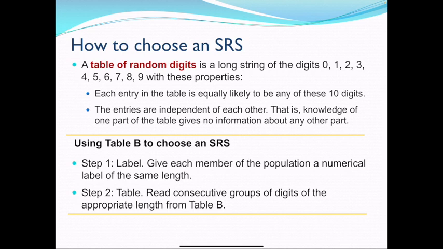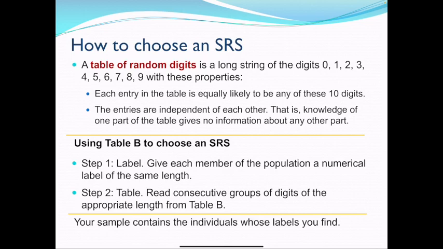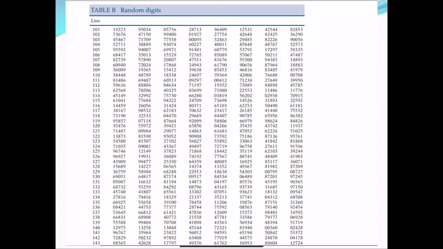I know this is strange, but this is what a random digit table looks like. Here are lines, and every one of these digits has the same opportunity of occurring. So let's say I had a population and I gave them all three digits. So it's like 100, 101, and so on.